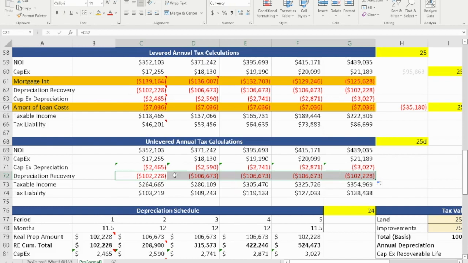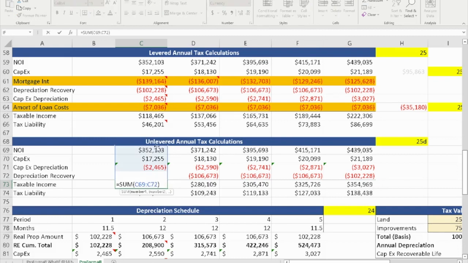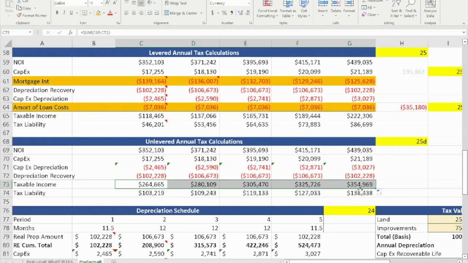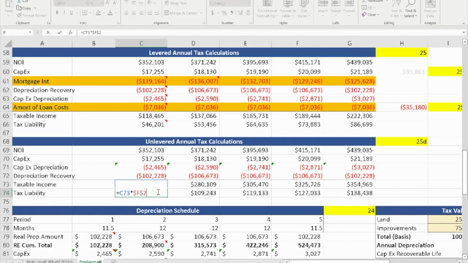And then now we're going to calculate the taxable income for the unlevered tax calculation. Same formula. We're going to sum the NOI plus the CapEx depreciation and the depreciation recovery, and you're going to get 264,000, and you're going to drag it across to end the year 5 with 354,000 for year 5. And then therefore the tax liability for the unlevered tax calculation is going to be 39% of the taxable income.